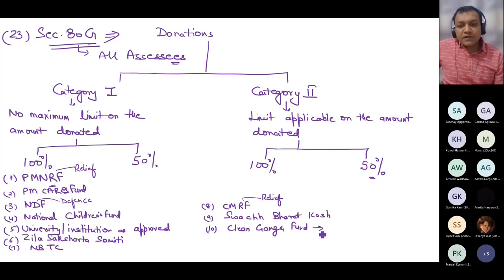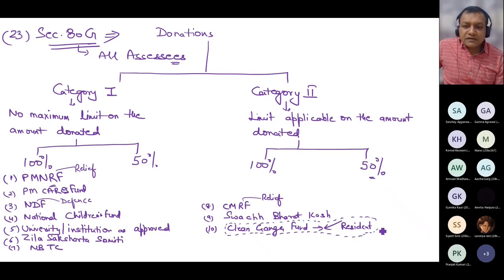Now in Clean Ganga Fund, the person who is giving the donation must be a resident. That is a separate point, which is not there in each and every donation, only in this Clean Ganga Fund. Normally the river Ganga is considered sacred under Hinduism, and the government has extended this benefit only to a resident donor. If you are a resident person, then only you can get the benefit if you are donating towards Clean Ganga Fund.